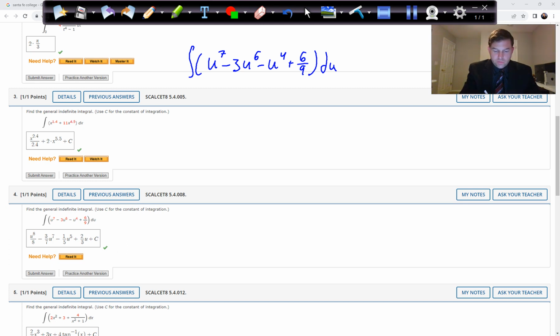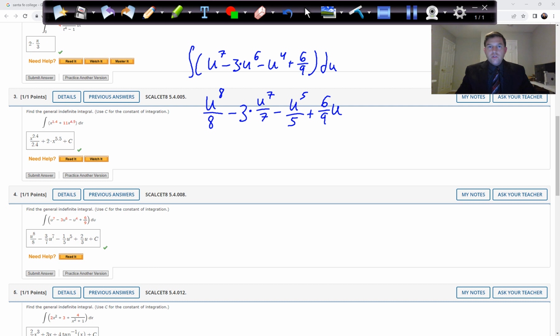So for this one, just do each term separately. It'll be u to the 8 over 8, just add 1 to the power and divide by that same number, minus 3, so numbers out in front just stay there. u to the 6 becomes u to the 7th over 7, minus u to the 4th becomes u to the 5 over 5, plus the constant.